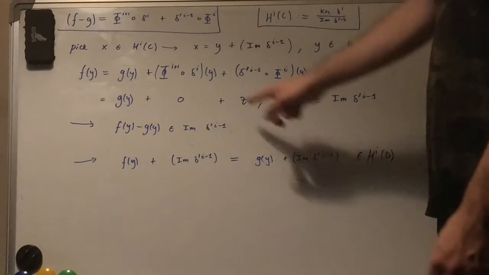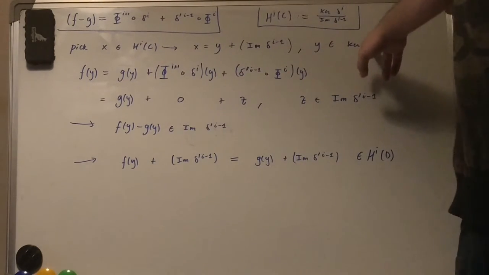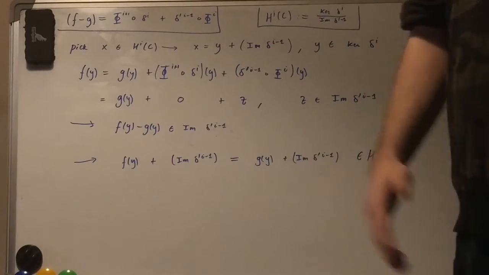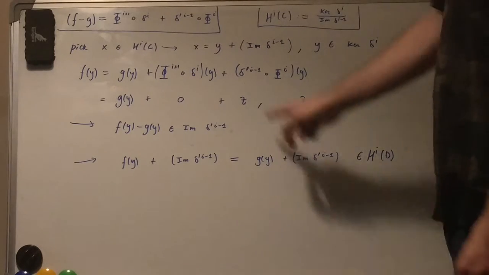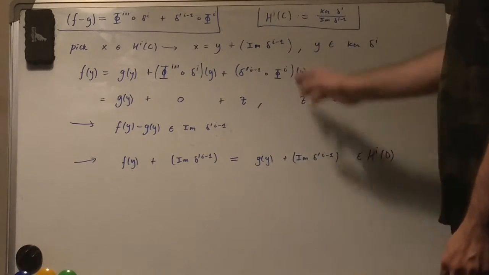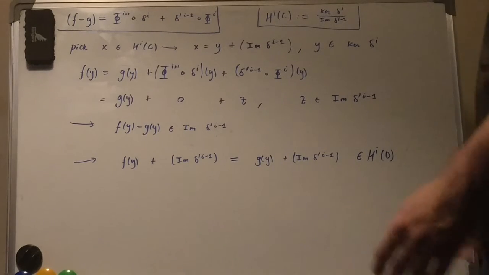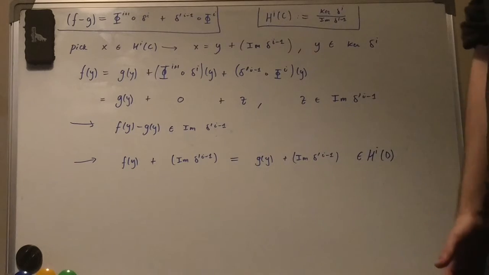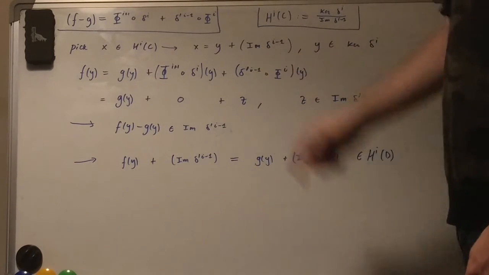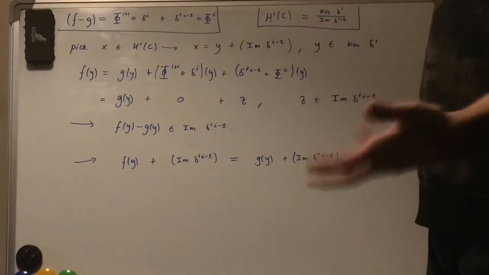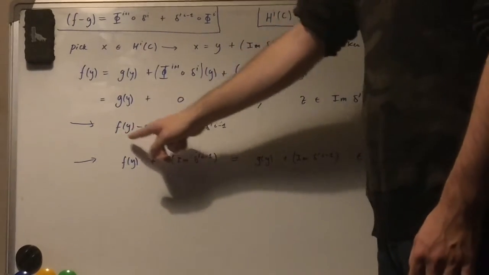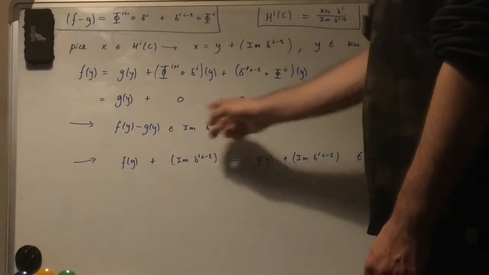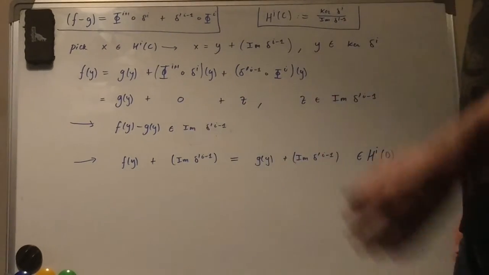Namely, y is an element of the kernel of the ith co-boundary map, so it's going to be 0, and then the psi map is not going to matter anymore. And this right here, we don't know exactly what element it's going to be, but it's going to be something in the image of the I-1th co-boundary map. That's what we're doing here. And that implies that the difference between F and G applied to y is going to be an element of this image of the I-1th co-boundary map.